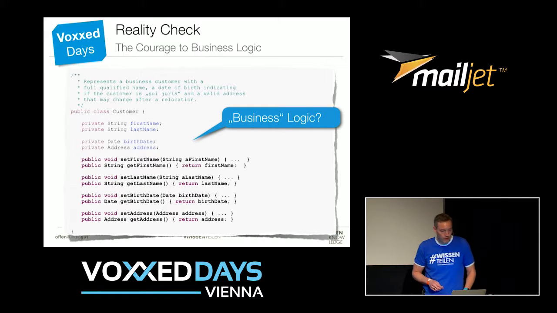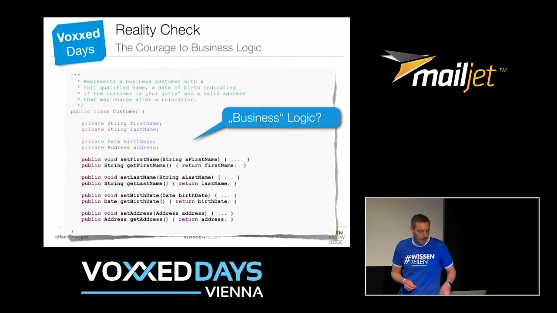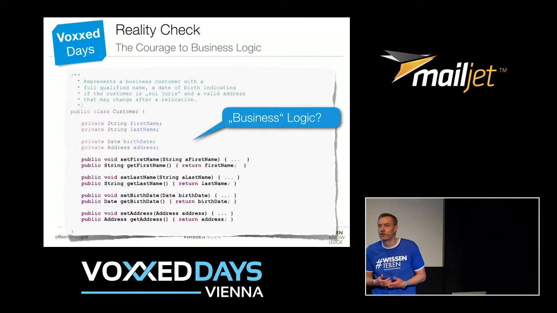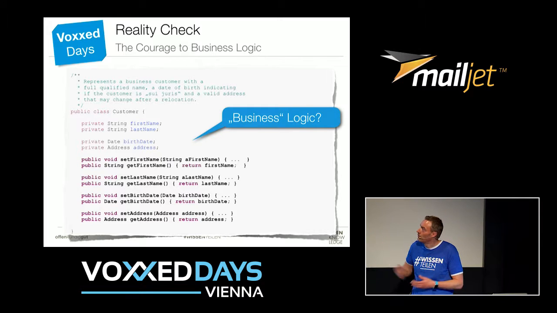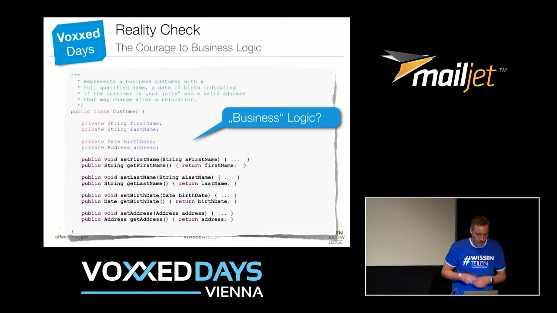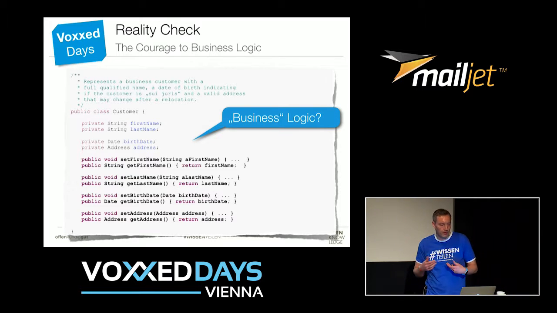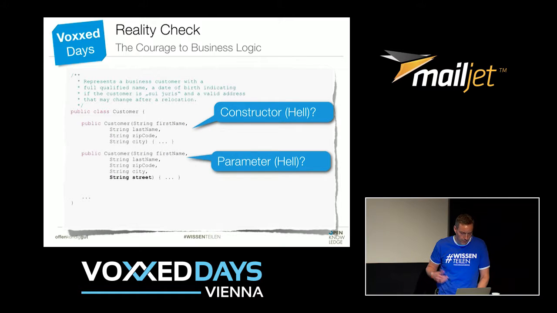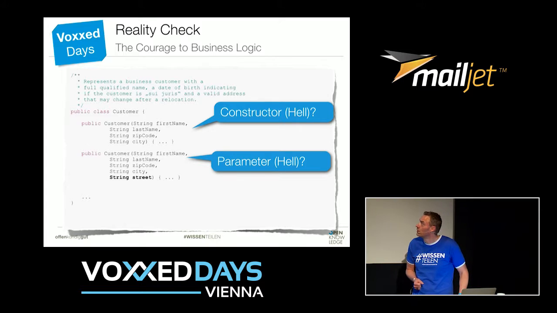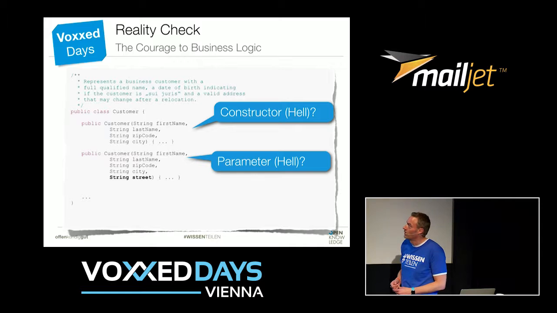Okay, what can I do to avoid this inconsistent state I talked about before? Right now, I have no constructor, so I can create a customer by calling a lot of different setters. What I normally do is I put some constructors to the customer class like this.